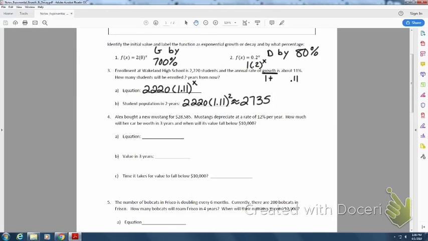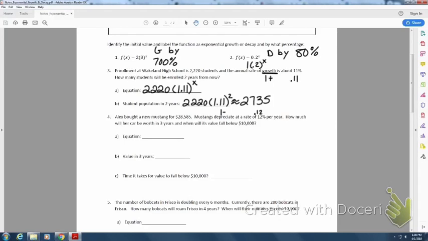Alright, going to 4, it says Alex bought a new Mustang for $28,585. Mustangs depreciate at a rate of 12% per year. So right there, is that growth or decay? Decay. So am I going to do 1 plus or 1 minus? How much will her car be worth in 3 years, and when will its value fall below 10,000?